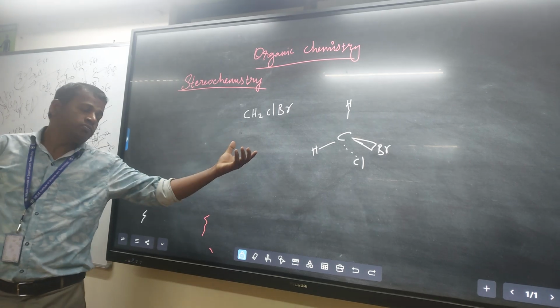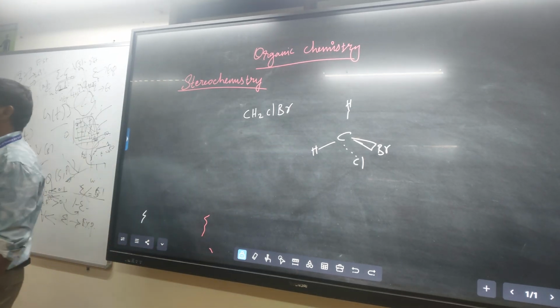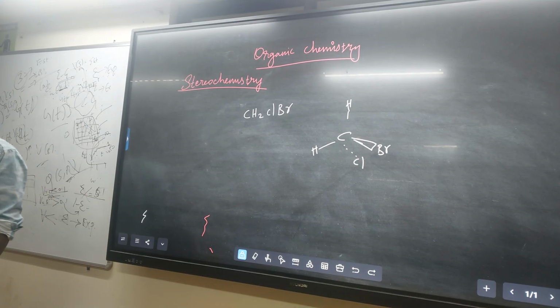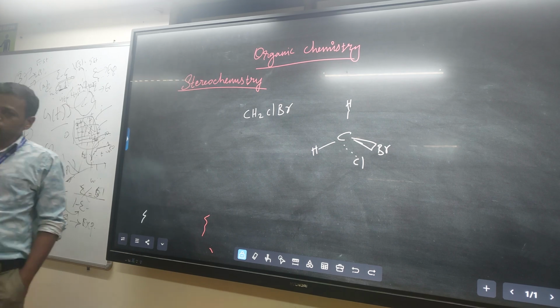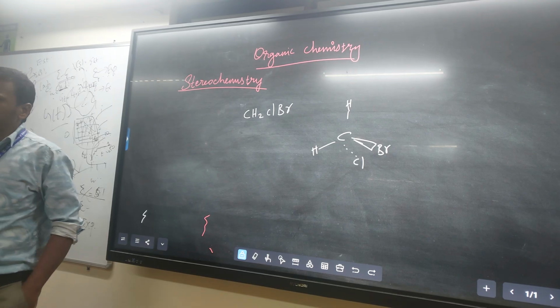When we look at the molecules in the three-dimensional way, the projection of the molecule is different. People view the molecules in different ways, for example Newman projection, Sawhorse projection, Fischer projection.